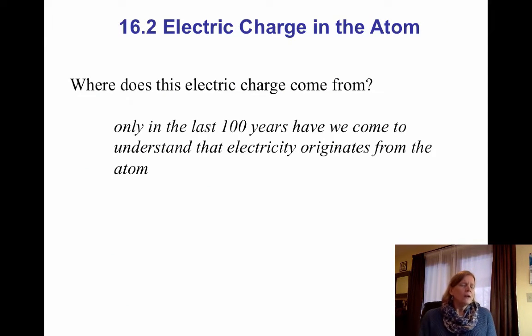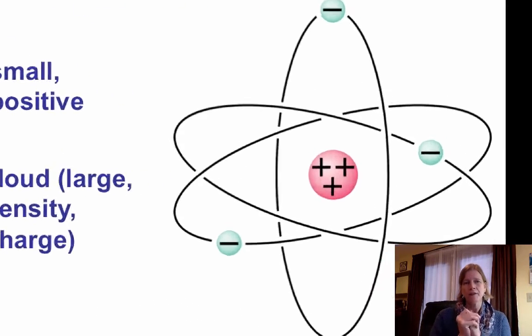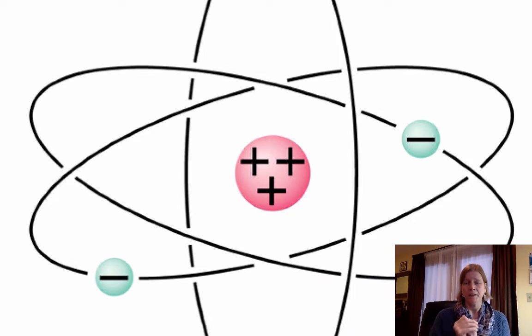Okay, where does the electric charge come from? I've already alluded to this. I've talked about electrons, but let's get lightly into the details of that by talking about atoms. So here is a simple model of an atom. At the center is a nucleus. It's very small, it's dense, there's a lot of mass there, and it is filled with positive and neutral charge, protons and neutrons.